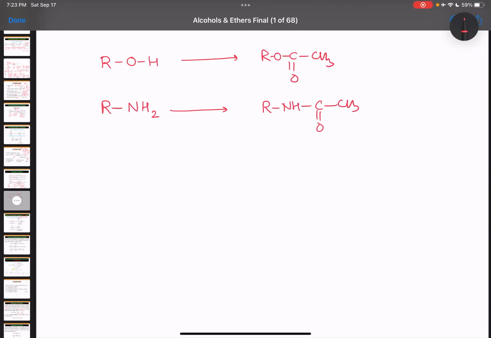Because they also have that lone pair. They can also come and react with CH3COCl. Amines are actually more basic, so they also undergo acetylation. This is one thing. The next thing is, if you do the acetylation, what will be the change in molecular weight observed?